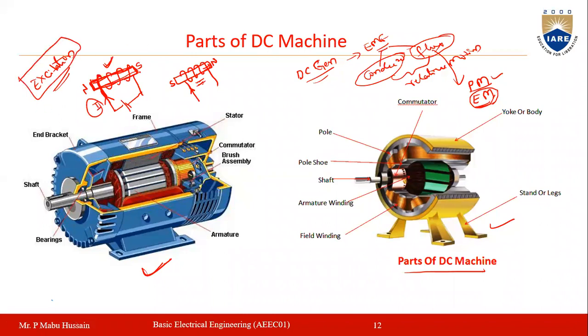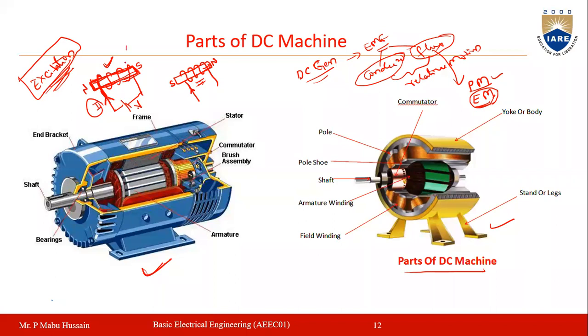To make this bar a magnet, we supply a certain current through this winding, and the supplying of this current is called the excitation. The voltage applied is called the excitation voltage, the current is called the excitation current, and this process is called the excitation of your winding.